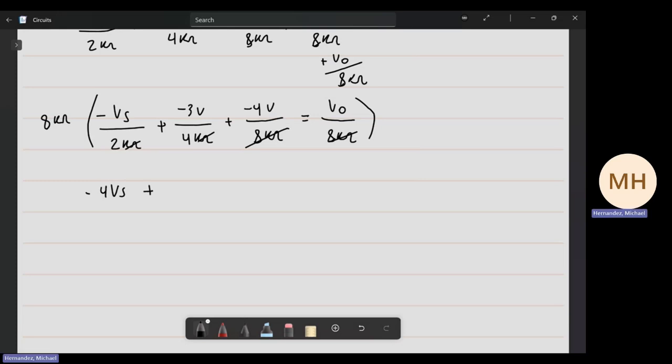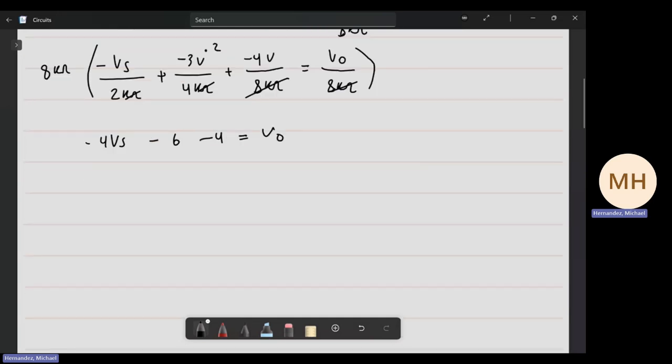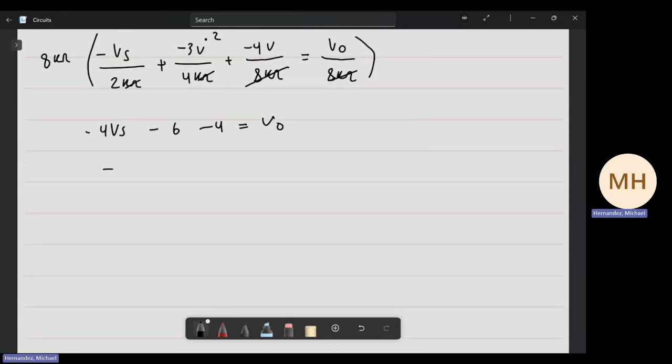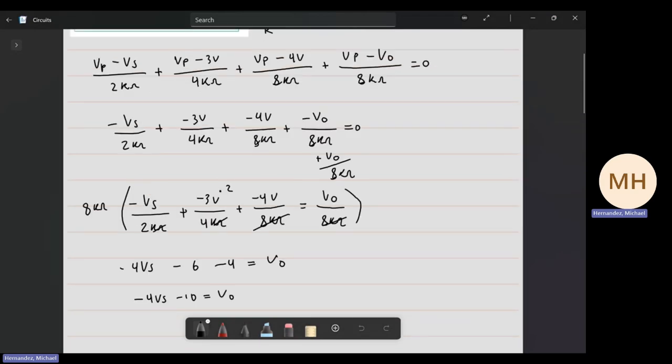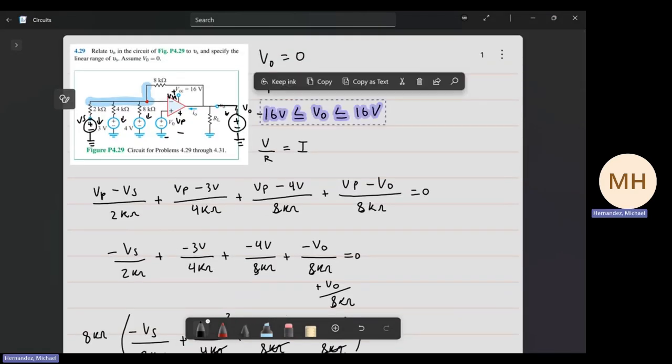And then 8 divided by 4 is 2, so we just multiply 2 by 3 here. Negative 6. And then a 4. And everything's equal to VO. Then we could just sum this, which is negative 4 VS minus 10, equal to VO.